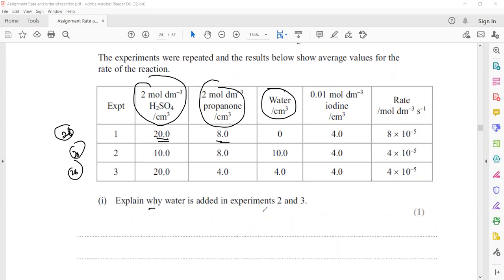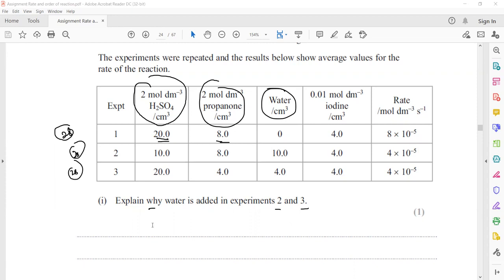Explain why water is added in experiments 2 and 3. Why do we add water in experiment 2 and experiment 3? Basically, to keep the total volume constant and to make the concentration proportional to the volume of the reactant.